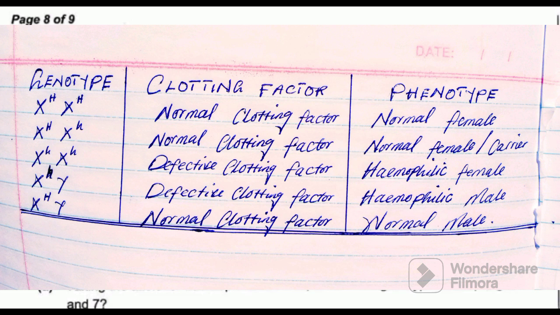X to the power capital letter H, X to the small letter h is also a normal clotting factor, and under phenotype, that person can be described as a normal female or carrier. Carriers are also normal. It is just that they carry a certain disease in them.